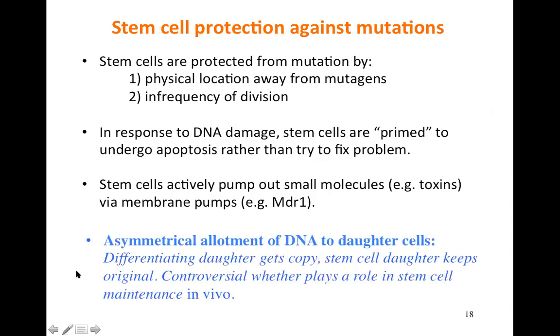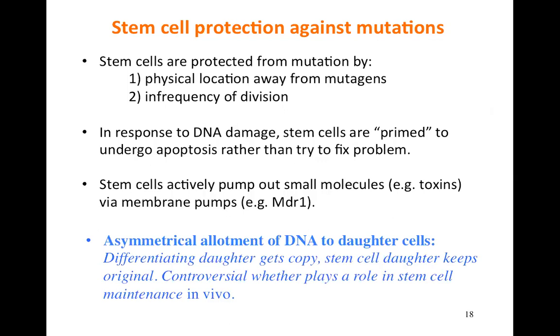And then the last one of these I put in blue because it's kind of a controversial one. There is this idea of asymmetrical allotment of DNA to daughter cells, meaning that every time the DNA in your cell makes a copy of itself, you'll remember, from one double-stranded DNA, you're going to get two double-stranded DNAs. So in other words, 4 strands of DNA that make up 2 complete double helices.